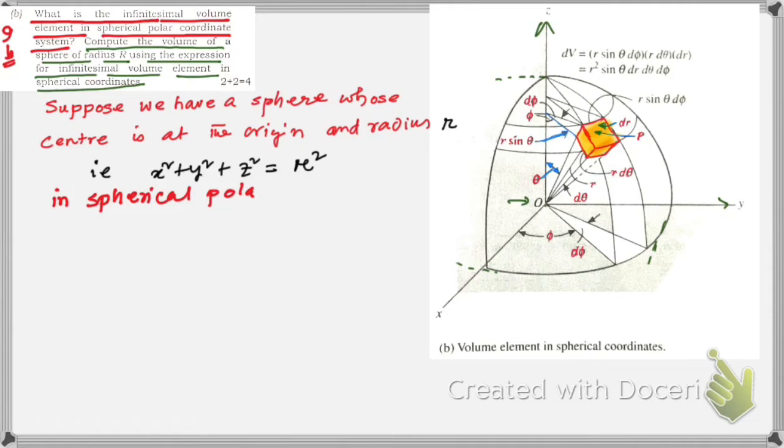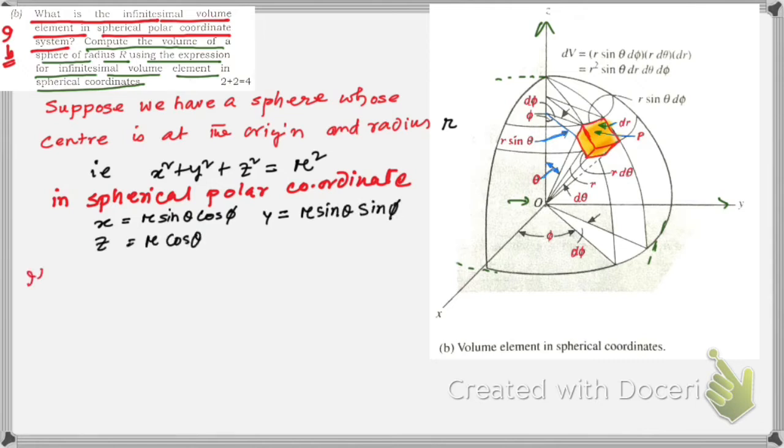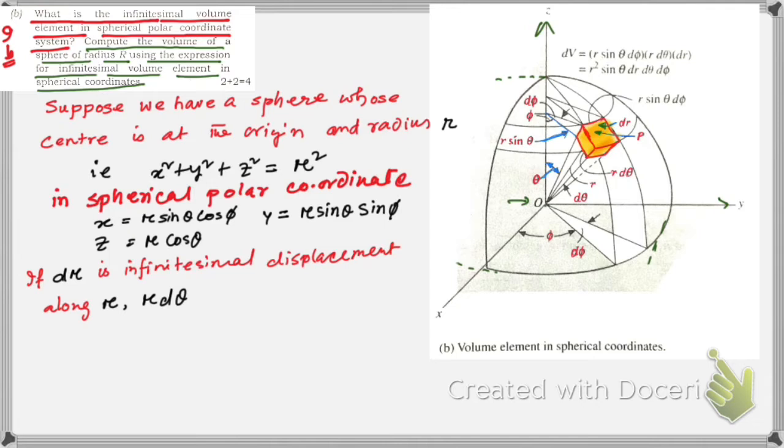In spherical polar coordinates, x is equal to this, y is equal to this, and this is z, right? If dr is the infinitesimal displacement along r, then r d theta is along theta, and r sine theta d phi is along phi.